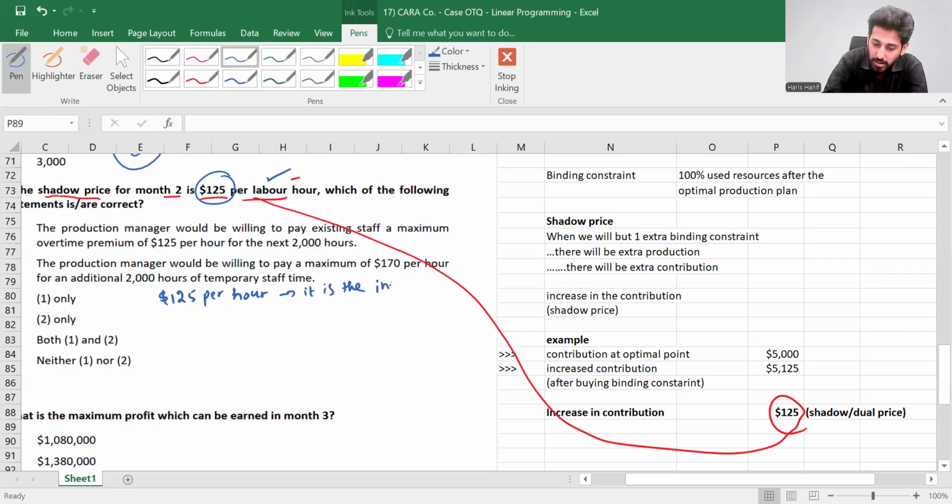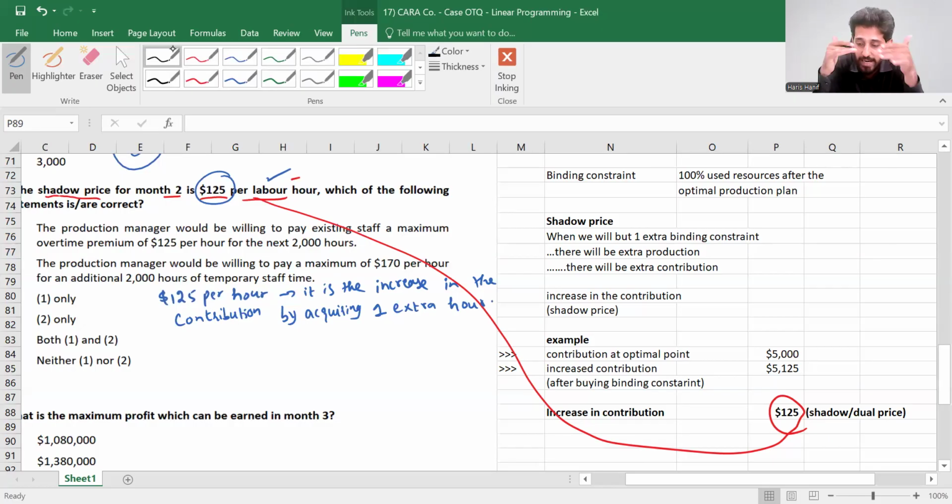It is the increase in the contribution by acquiring one extra hour, right? One extra hour, 125 per hour. Now, second point. This is the maximum amount which can be paid as a premium amount.